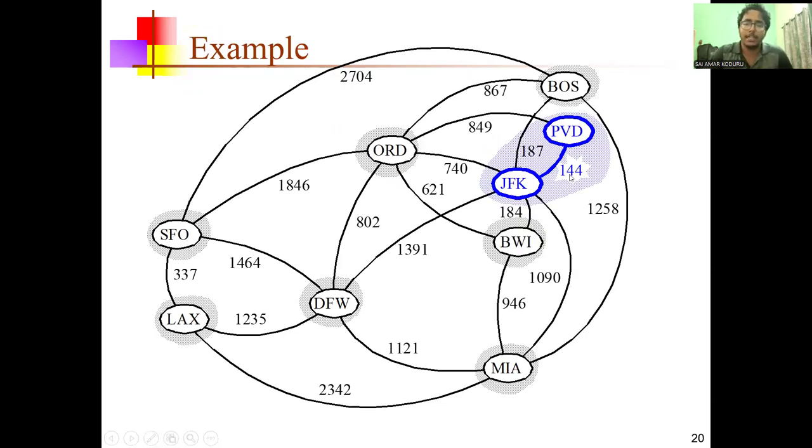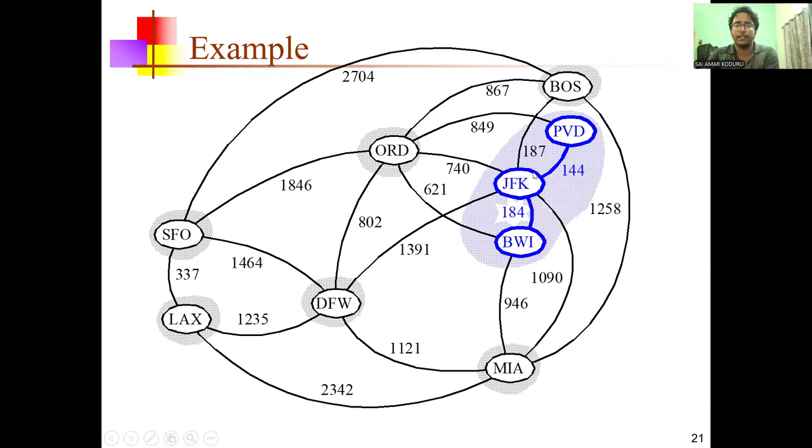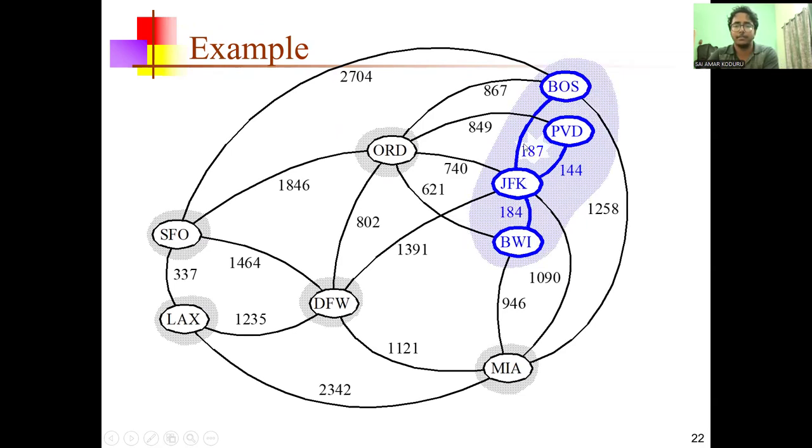Okay, let's go with the least value one. In the given example, JFK to PVD is the least cost valued edge, and later JFK to BWI, because 184 is the second least value, and later JFK to BOS as the given value is 187.